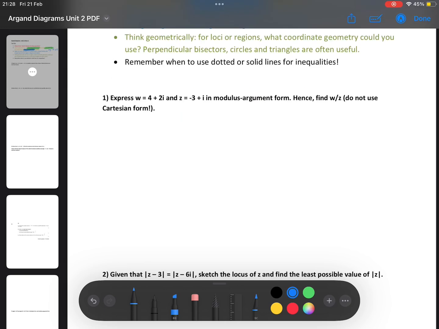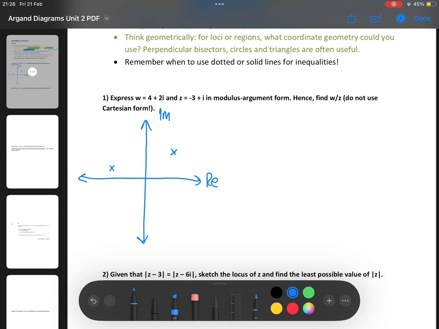So for our first question, we've been given two complex numbers and asked to express them in modulus argument form. So I will draw a diagram for this, but it doesn't look like I've left enough space, so I will probably end up having to rub something out, but let's just start by drawing the Argand diagram. Real axis and imaginary axis, 4 plus 2i is going to be somewhere here, and minus 3 plus i is going to be somewhere around here.